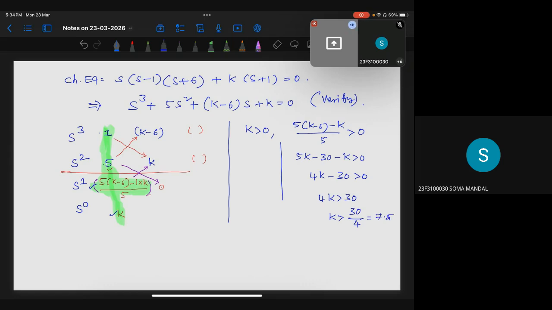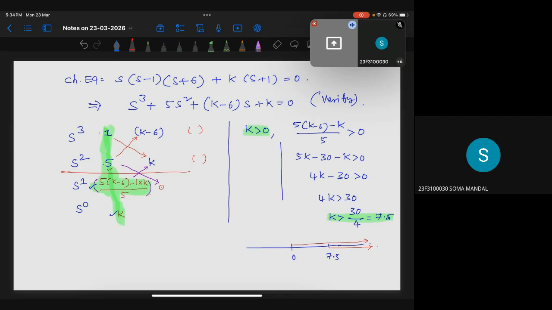Correct? So now we have two conditions. One is k is greater than 0, and another is k is greater than 7.5.